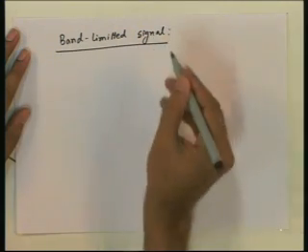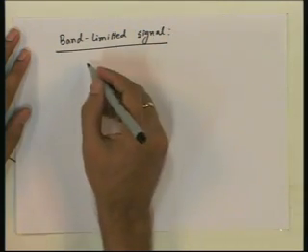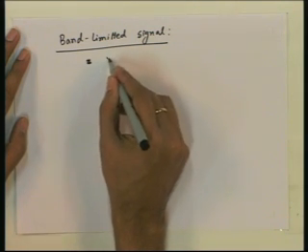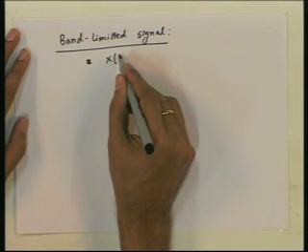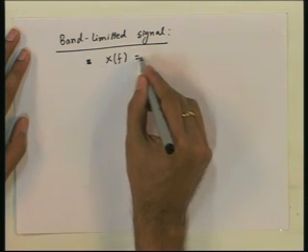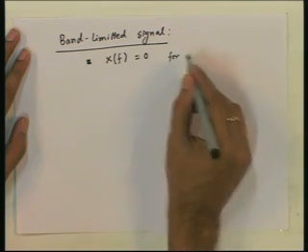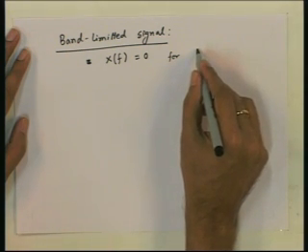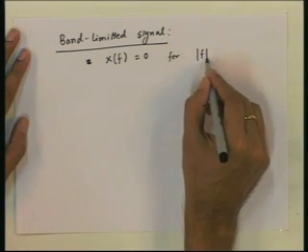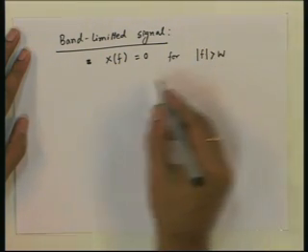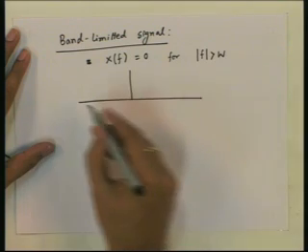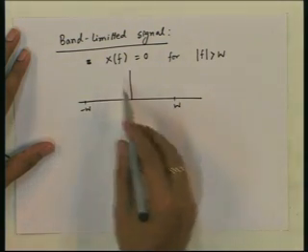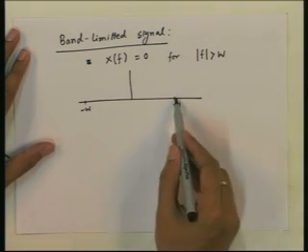A band limited signal is one where the Fourier transform of the signal, which is denoted by X(f), is 0 for all f greater than W or less than minus W, that is for all f whose absolute value is greater than W. So, what it means is, in the frequency domain, if you take the minus W to plus W range, the Fourier transform of the signal is 0 outside this range.